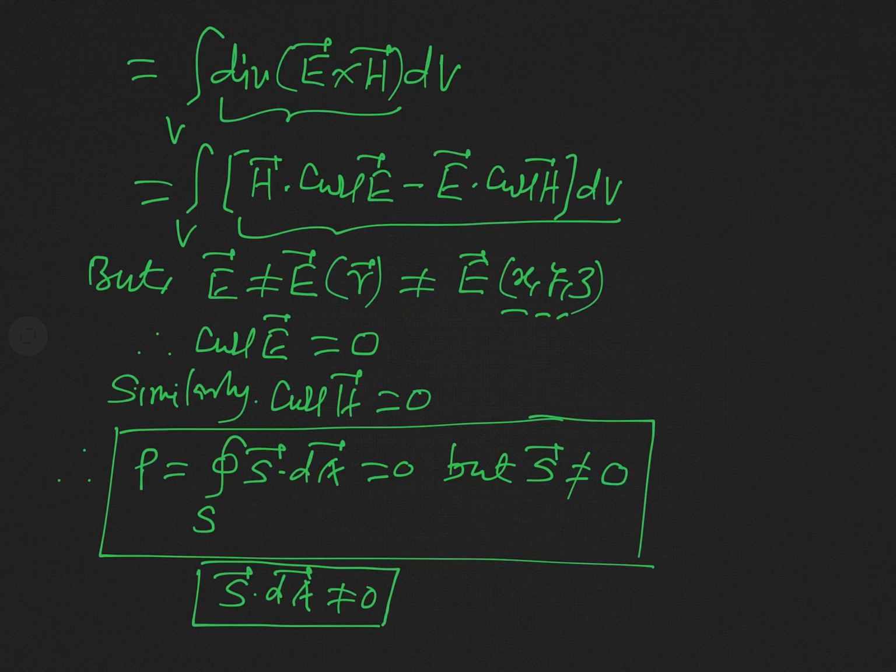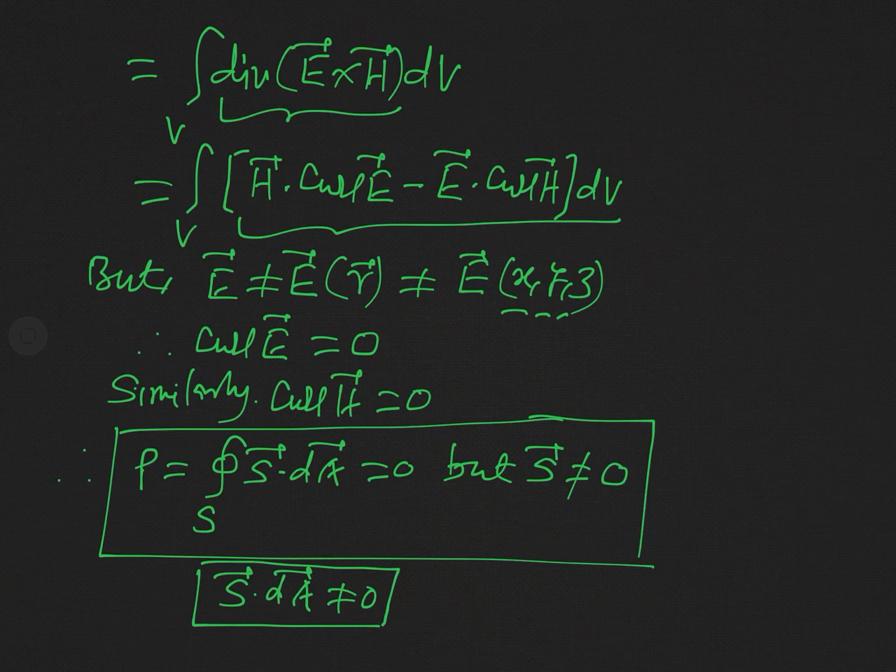So this is very remarkable: S does not determine the rate of flow of energy through a small element dA, but only the flux of S across a closed surface is significant.